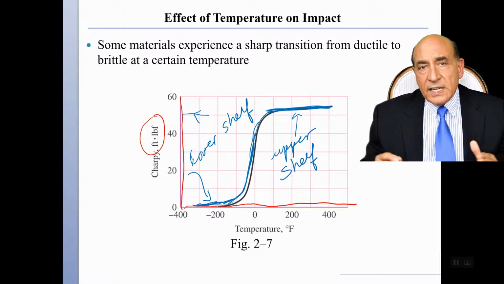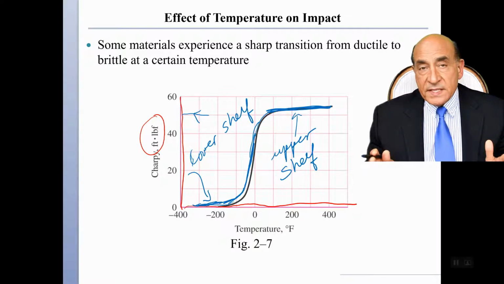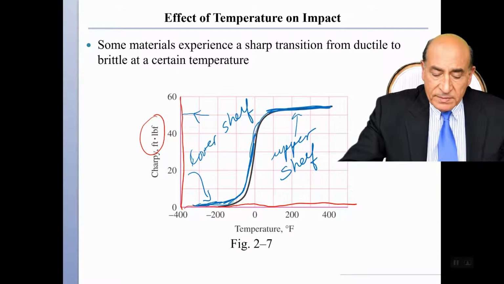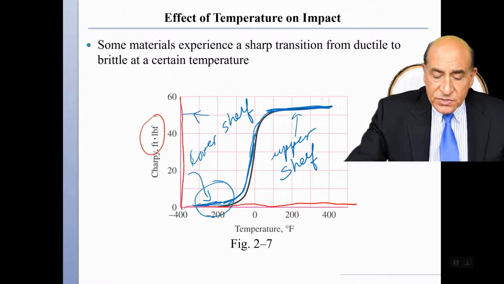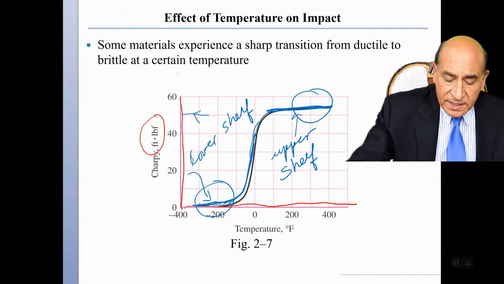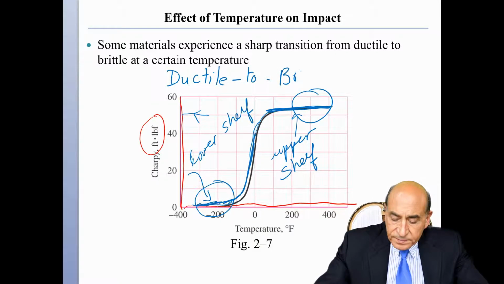I'm talking about steels, and in particular, ferritic steels, ferritic martensitic steels. Stainless steel does not undergo this transition from lower values to higher values. This transition is called the ductile to brittle transition.